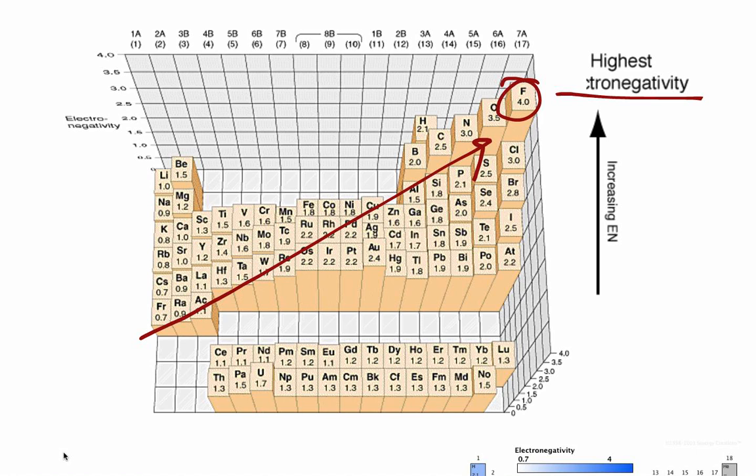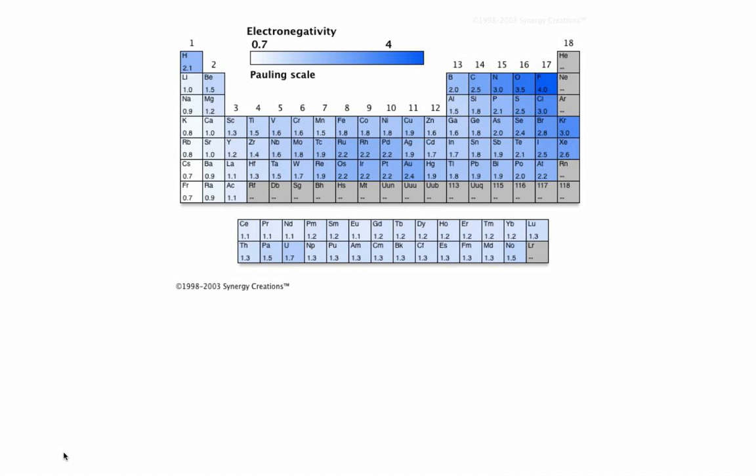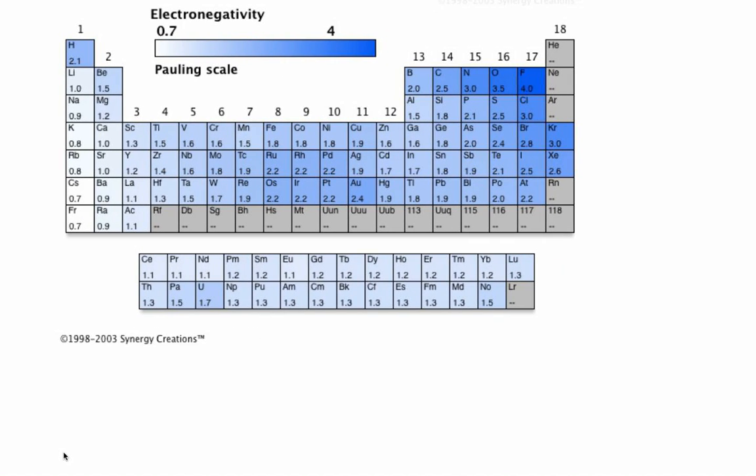Now, what we're really going to use is a table like this. And what this table is going to allow us to do is predict, as we go forward into the next chapters, what type of bonding we're going to see. Because things that have high electronegativity values like fluorine tend to actually remove electrons. If your electronegativity value is high enough, you can remove an electron from something that has a really low electronegativity, like, say, francium.